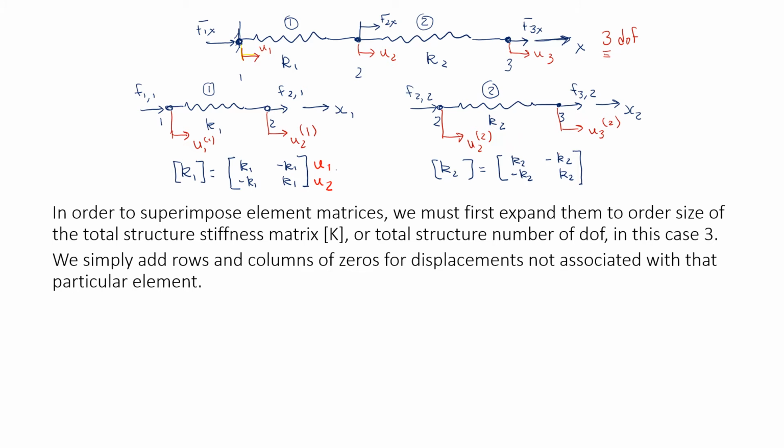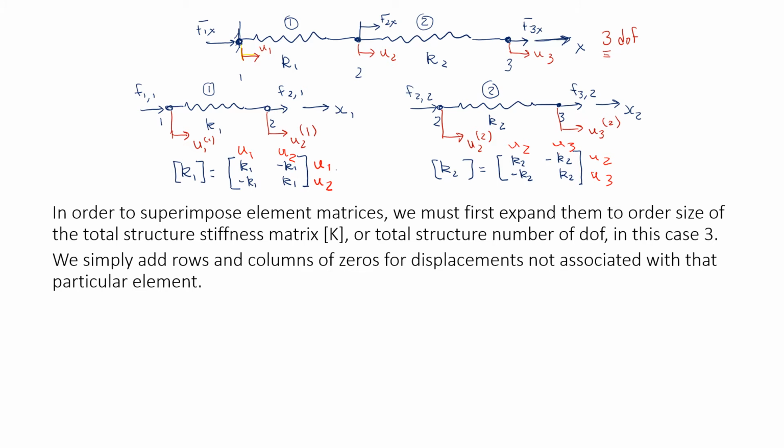This is also true for the columns. I have here U1 and U2. For element 2, I have here 2 degrees of freedom, U2 and U3. So it is missing here U1. So how are we going to do that?